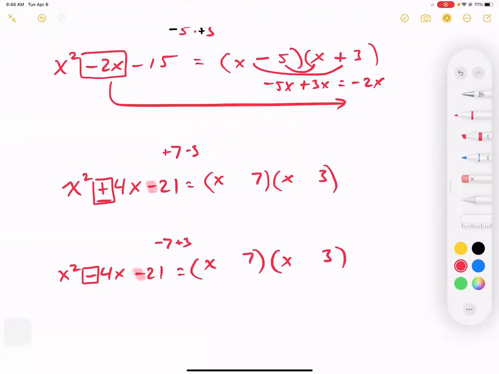But what's to be debated is who wins, who gets a sign. In this case, we have more positive, so the positives have to win. Negatives lose. Negatives are smaller. In this case here, the negatives win. So we give the negative sign to the bigger number and the plus to the smaller number.